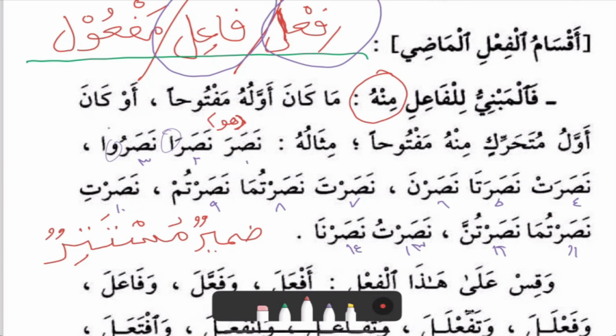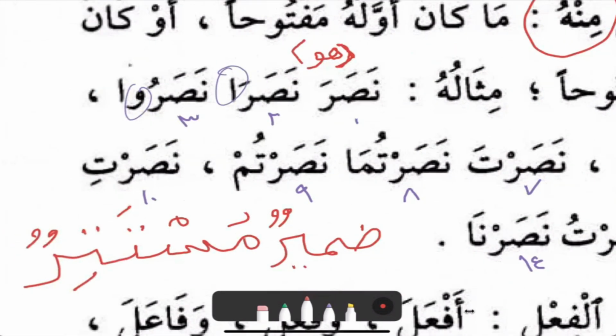Nasara, فعل ماض, past tense verb, مبني على فتح ظاهر. It's built with an apparent fatih, this one right there. That's the original one. This fatih here is the same as this one here.